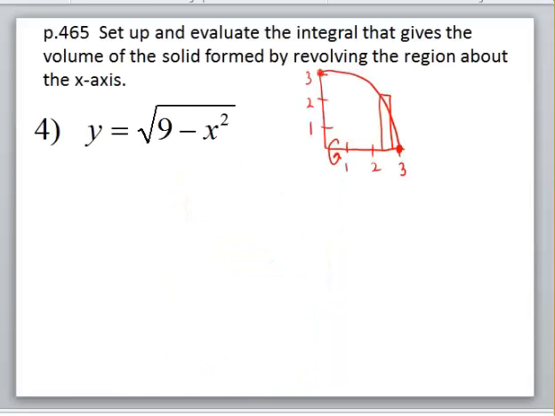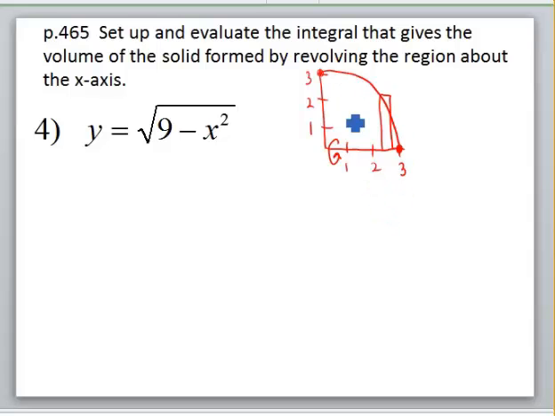So let's set up and evaluate this integral formed by the volume, and we're going to rotate it about the x-axis. As you can see from my line here, I'm rotating it about the x-axis. It's hard for me to tell you what this shape would look like, but hopefully in your mind you can picture this whole object being rotated around.